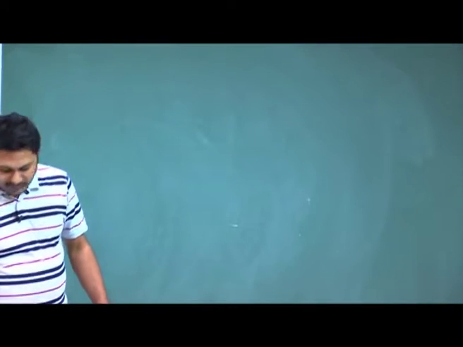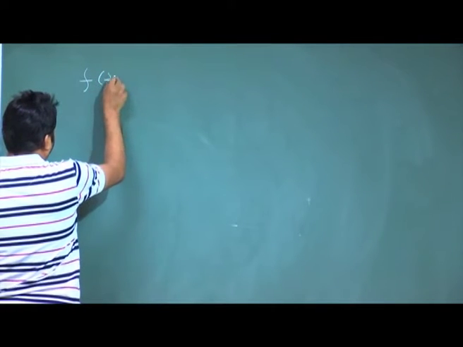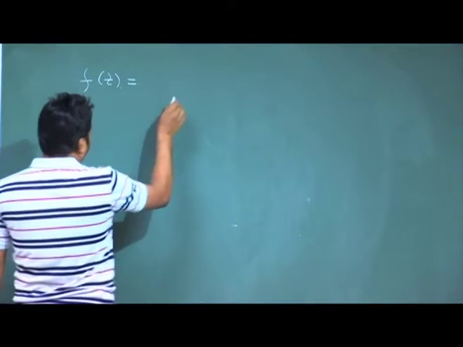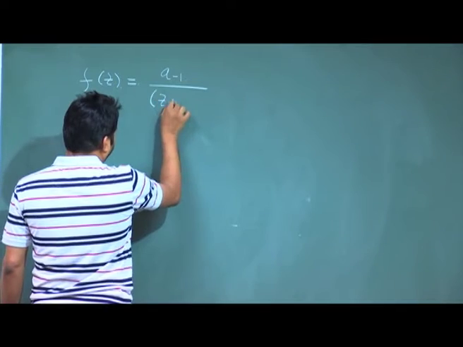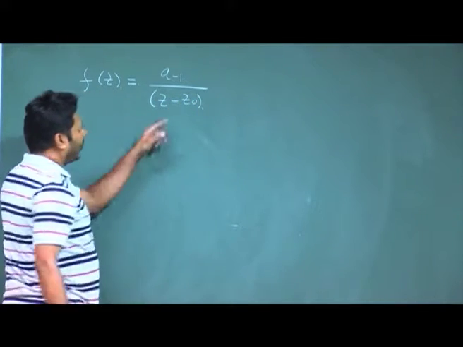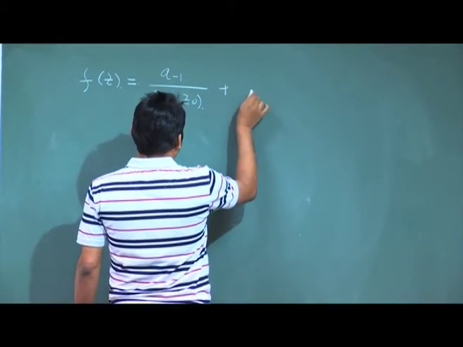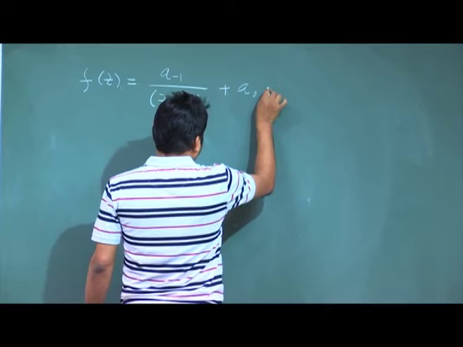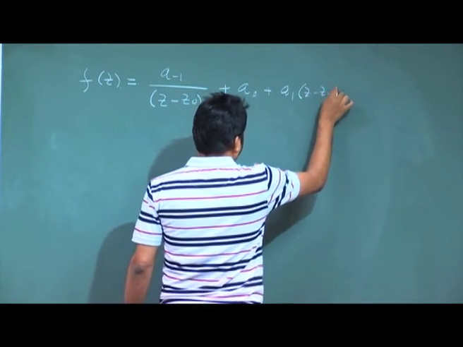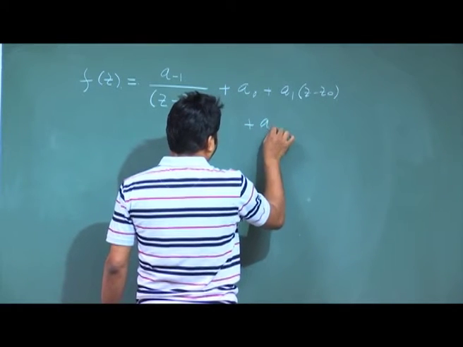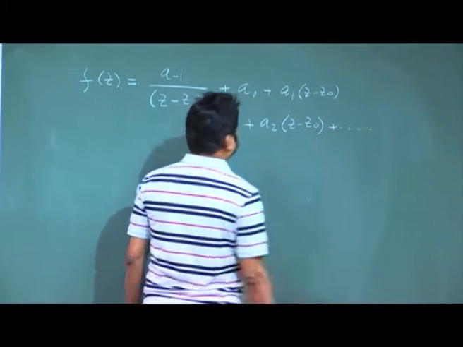So, now we have a Laurent series in this form, with only one term as my principal part: a_{-1} over (z minus z0), plus a_0, plus a_1 (z minus z0), plus a_2 (z minus z0) squared, and so on.